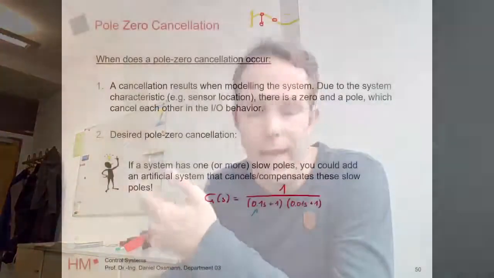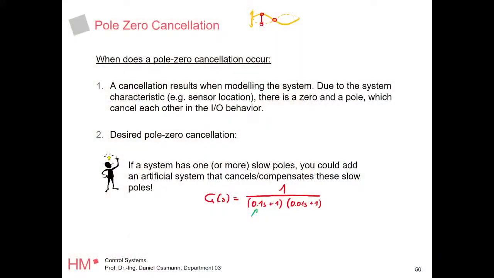So what you can do is say, okay, I design a controller now. I'm applying an artificial system which kind of looks like this, and you're going to take out this slow response of your system. This is one of the first ideas we're going to do in controls.